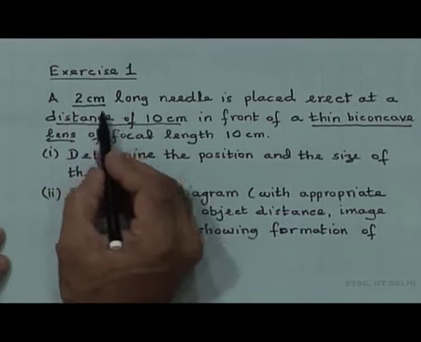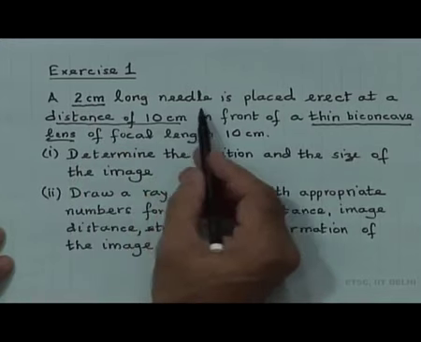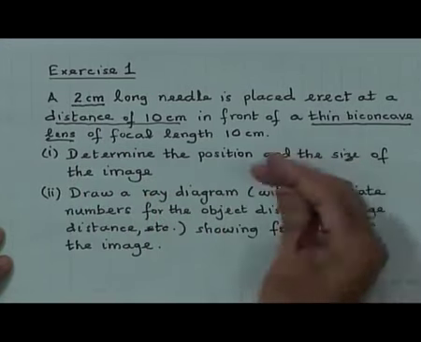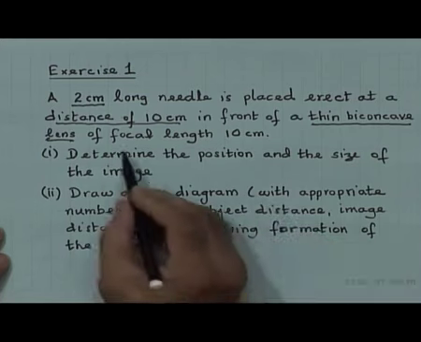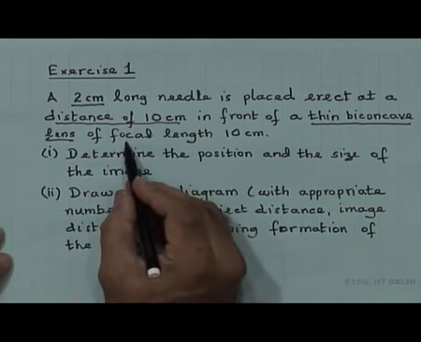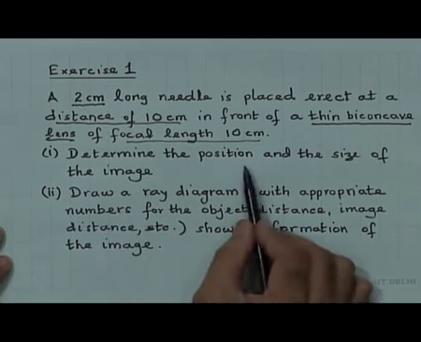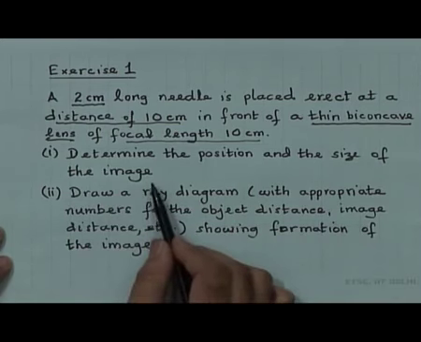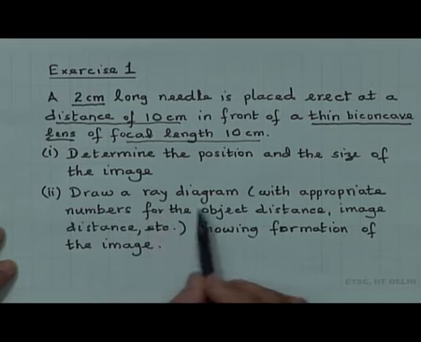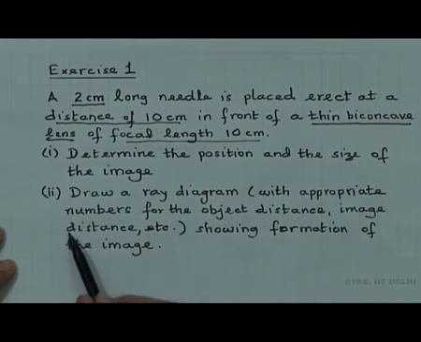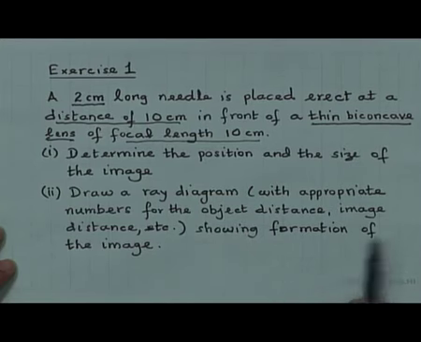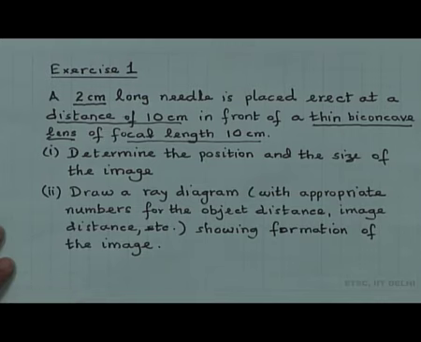Height is 2 centimeter. It is a 2 centimeter long needle placed erect, which means it is sitting straight. And the focal length of the lens is given as 10 centimeter. Determine the position and size of the image. Also draw a ray diagram with appropriate numbers for the object distance, image distance, etc., showing formation of the image.